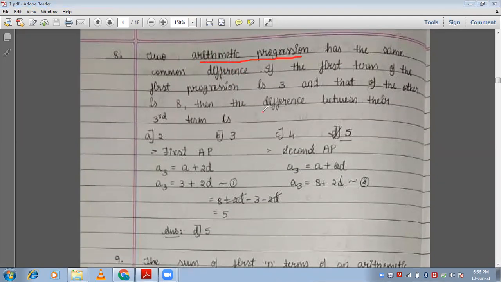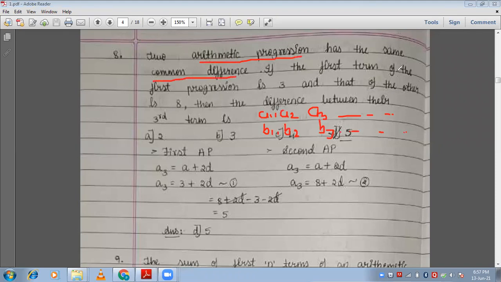The first one I will consider as A1, A2, A3, A4, and so on. The second arithmetic progression, consider this one as B1, B2, B3, continued. And here the given common difference is the same.